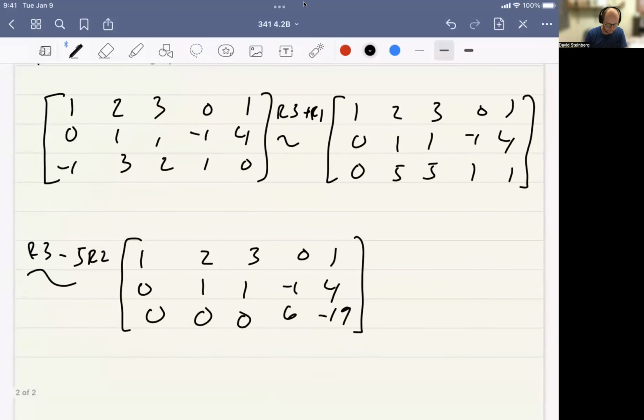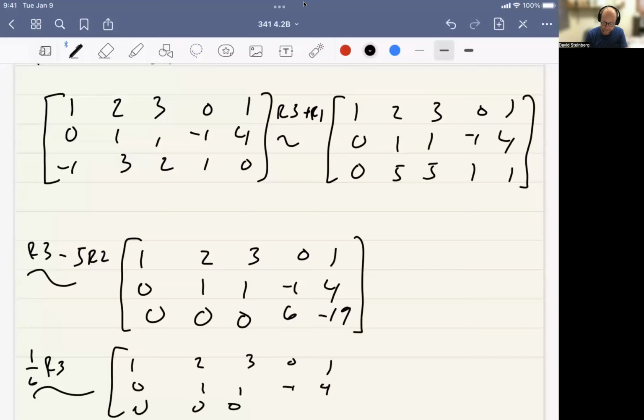Okay, and let's scale row 3: 1, 2, 3, 0, 1, 0, 1, 1, negative 1, 4, 0, 0, 0, 1, negative 19 over 6.